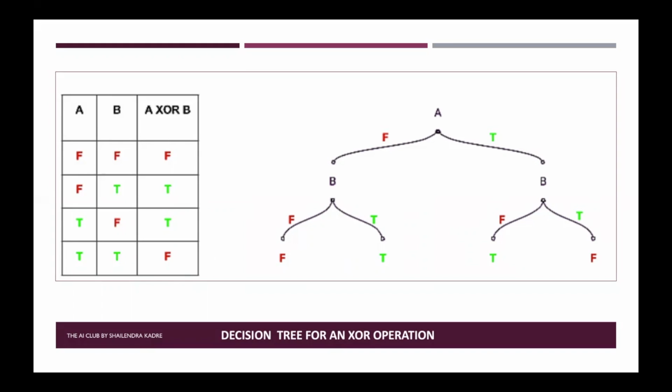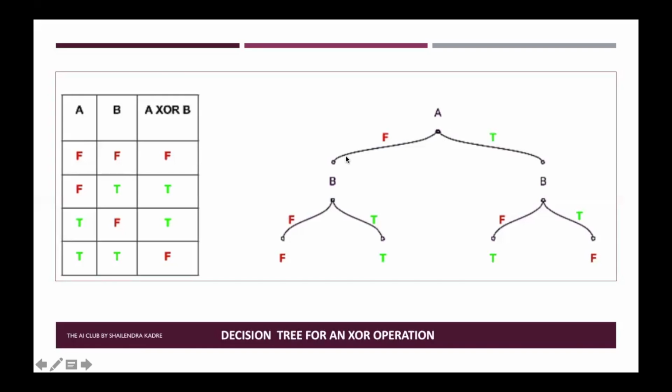Now we will see how we have created the decision tree for this kind of gate. First of all, we have picked the feature A. If A is false, then we are checking the value of B. If B is false, the target is false. If B is true, the target is true. That is what is written here.